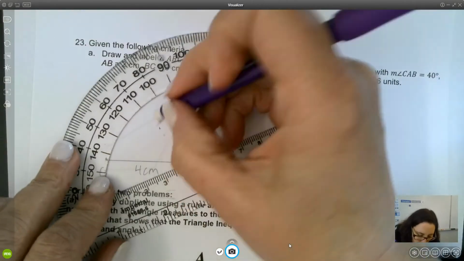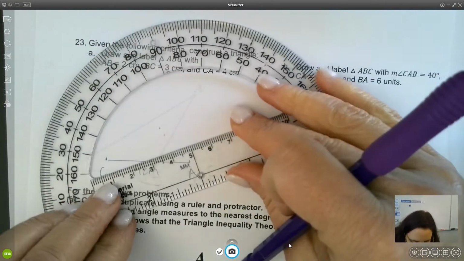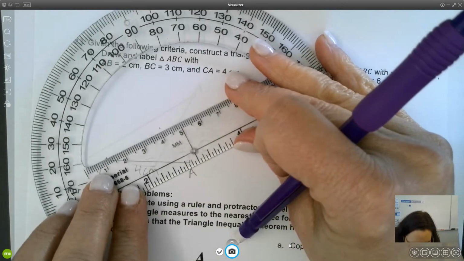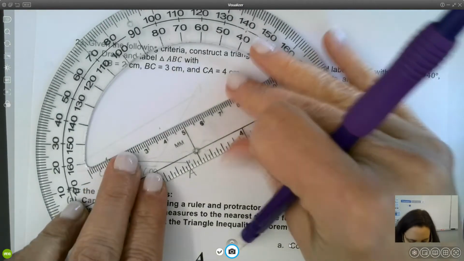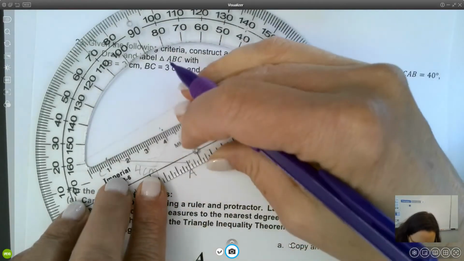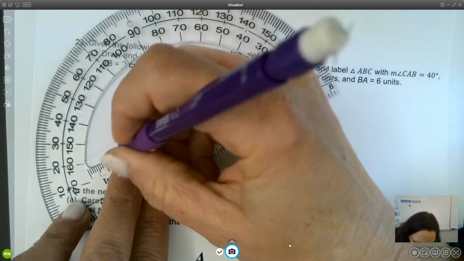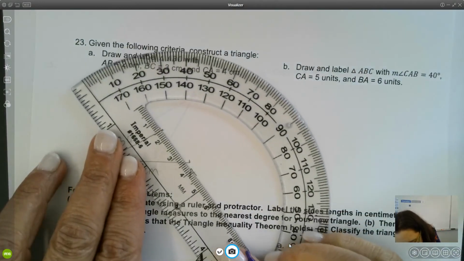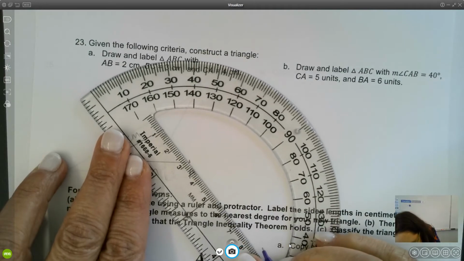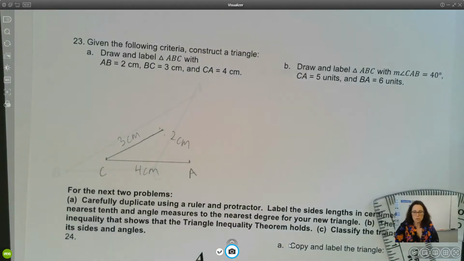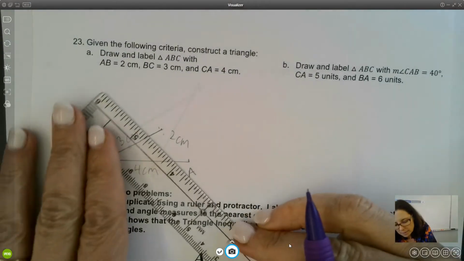So that has to come down a pinch. Just a pinch. I'd say right about there. Okay, so that's 3 centimeters. And then there's 2 centimeters. Okay, so hopefully you just saw, oops, I gotta draw the line, don't I?